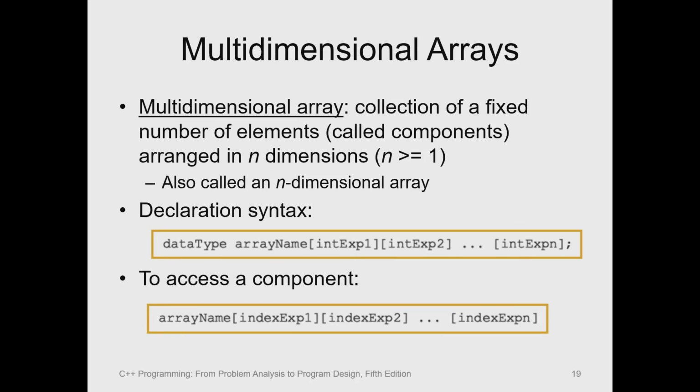Take note that when we declare a multidimensional array as a formal parameter to a function, again, we can omit the first dimension but not the other dimensions. So if your multidimensional array is composed of three dimensions, you can omit the first dimension, which is the row, but the column and the third subscript you cannot omit.